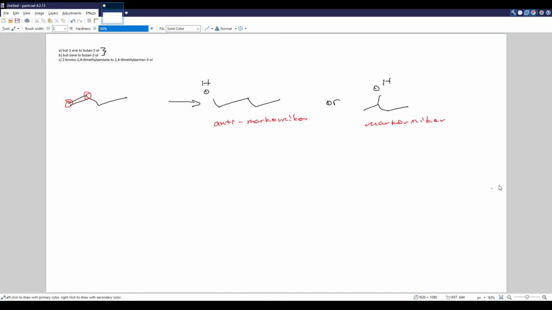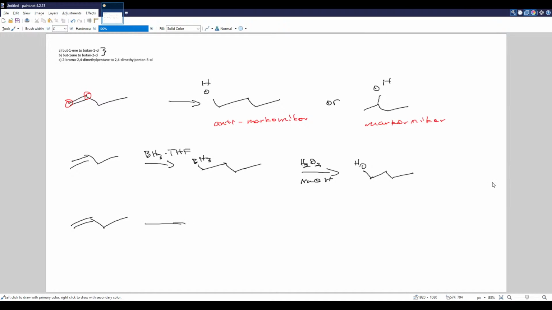So that must mean that for the first one, we're going to have to do the hydroboration thing that we've been doing. So we get this, and then we treat it with peroxides and hydroxides, and we're gonna get this thing. Okay, so now how are we gonna do this?